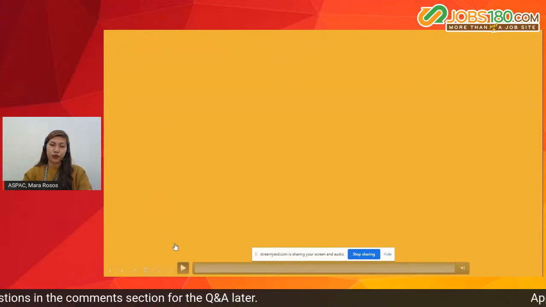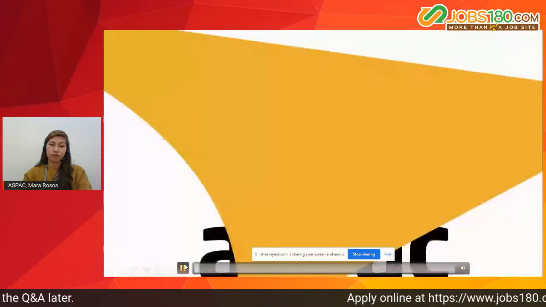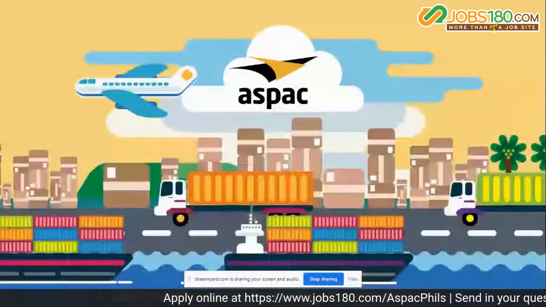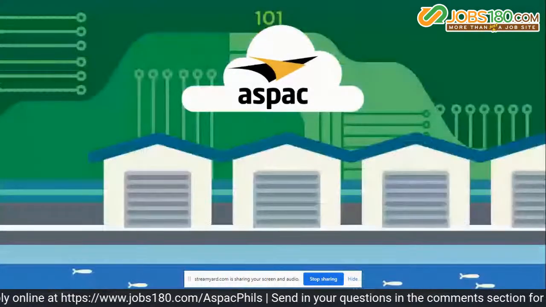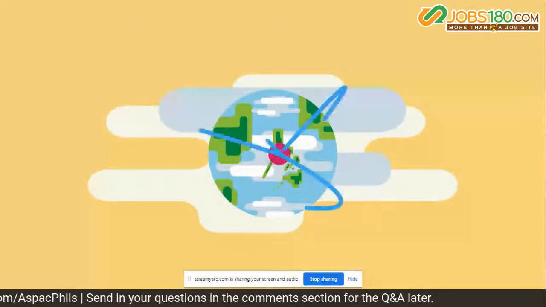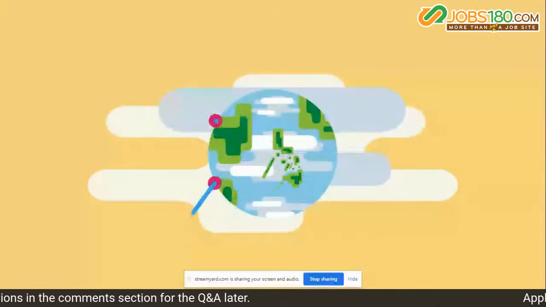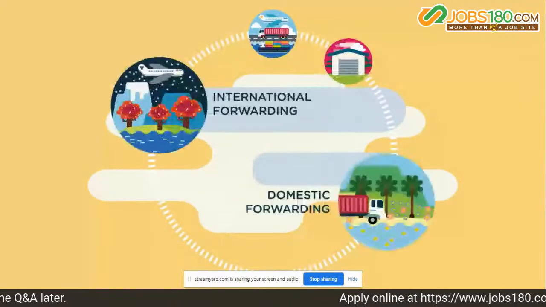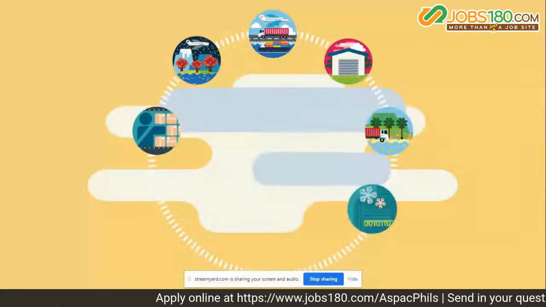So I'll show you the video. We are Aspac, and we go beyond logistics. We believe that it's not just about organizing the smoothest processes. It's about providing the smartest solutions along with it too. Yes, we expertly deliver an effective and reliable flow of goods and services from point of origin to point of consumption. Transportation check. Warehousing check. Forwarding check. Brokerage check. IT solutions check.